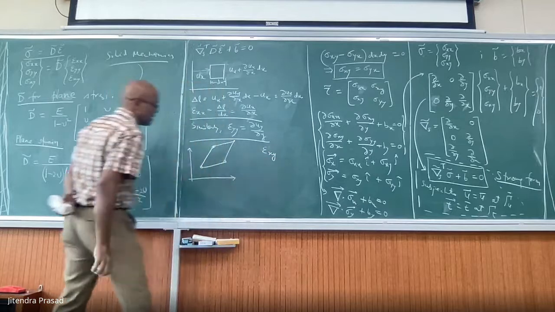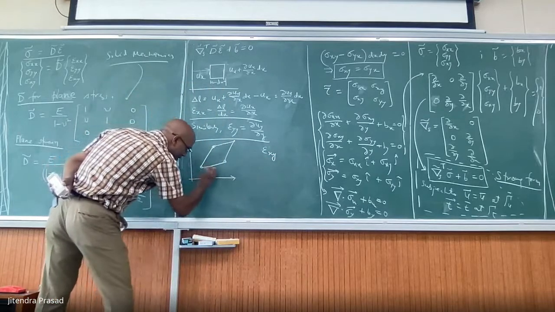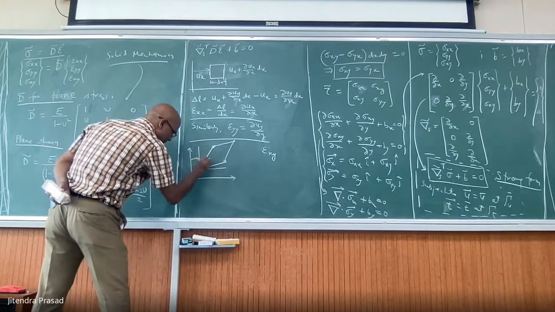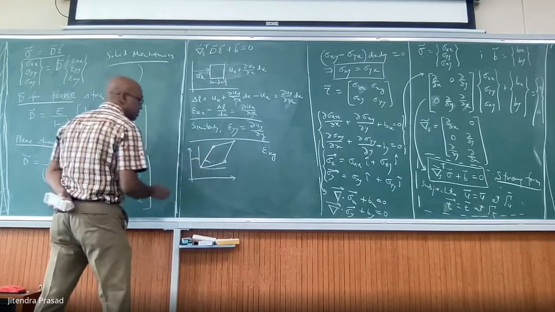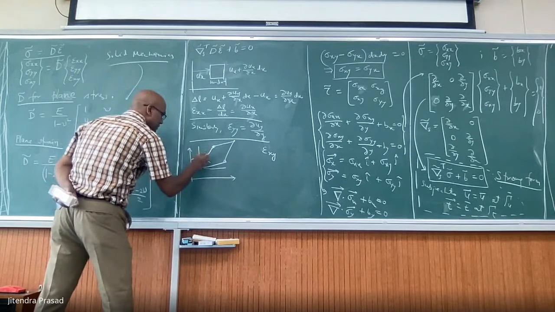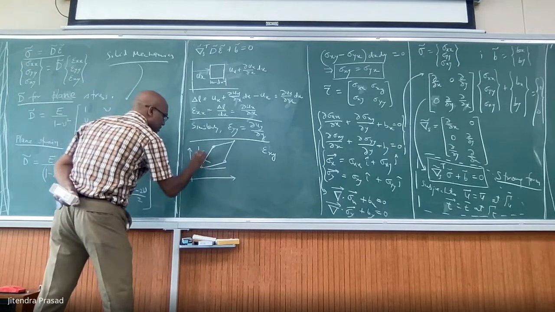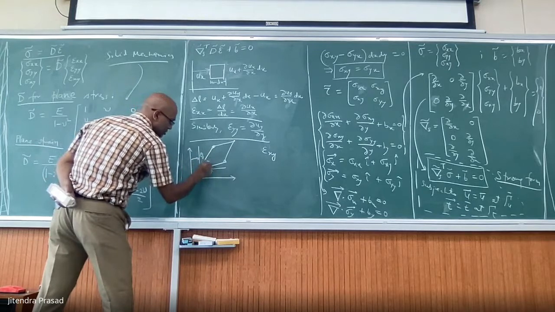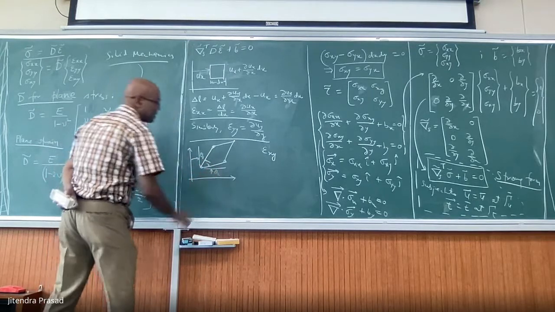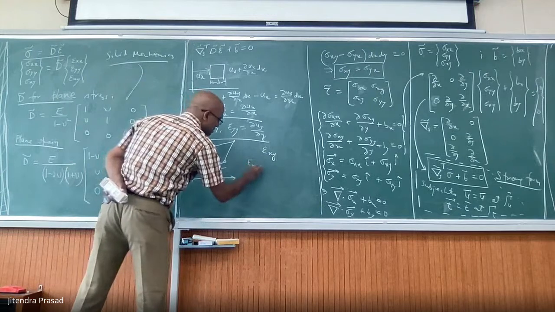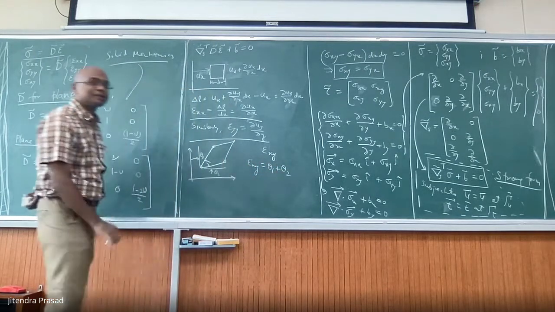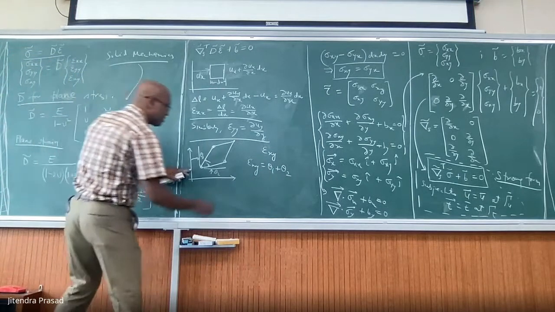Epsilon xy is nothing but you have the angles. So you have the angle here. Let's say this is theta 1, this is theta 2. So simply epsilon xy is defined by these angles theta 1 and theta 2, and this we have to find out.